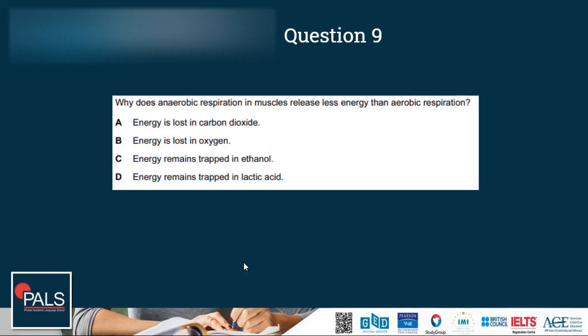Why does anaerobic respiration in muscles release less energy than aerobic respiration? Have a look at the answers and take your time.